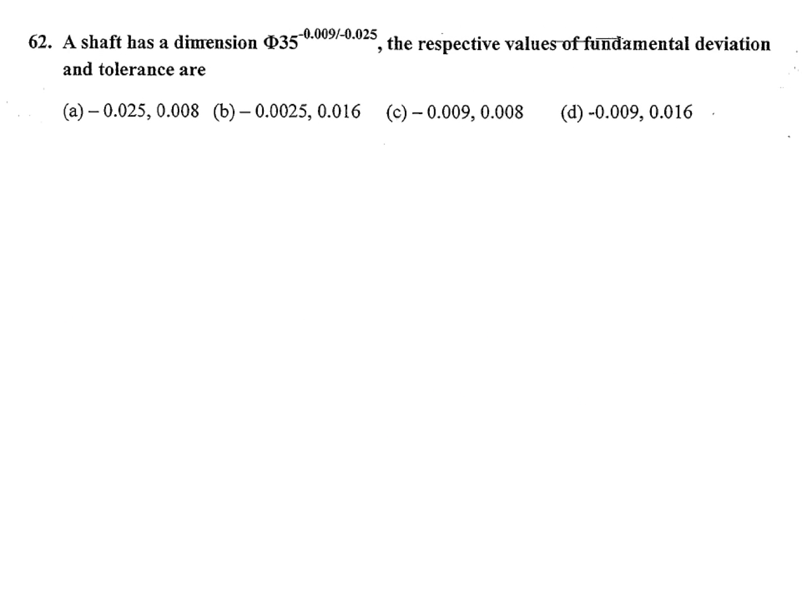The shaft has a dimension of 35 minus 0.009. This is very important. For GATE examination also, they ask this type of question. This shaft is an example of unilateral tolerance because both are in minus, on one side only, of the zero line or basic line.